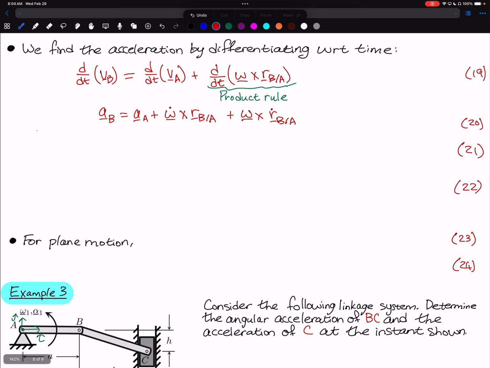And so we'll say that omega dot here is equal to our angular acceleration alpha. And r_B/A dot is equal to V_B/A, which we just wrote up above as being omega cross r_B/A.